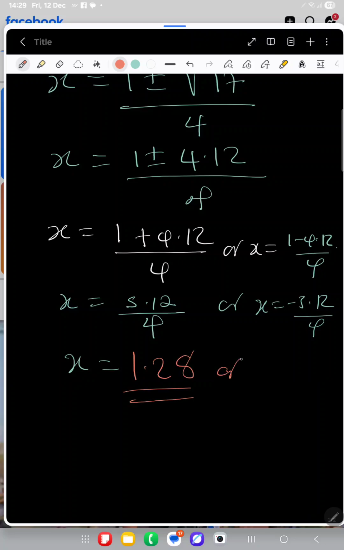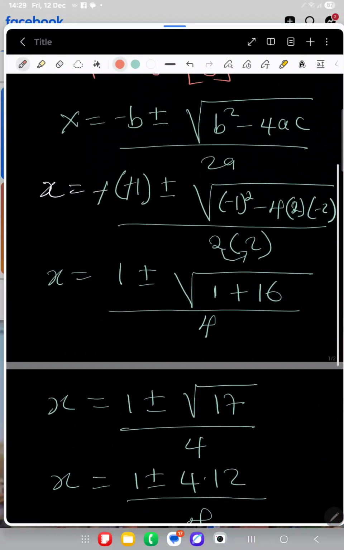Or you also come here, you say x is equal to negative 3.12 divided by 4. You are simply going to get negative 0.78. So you get x is equal to negative 0.78, like that. So these are the answers for x.